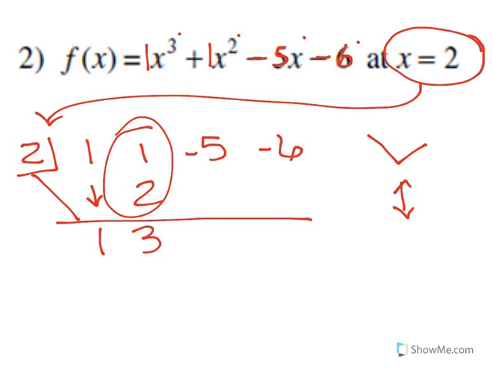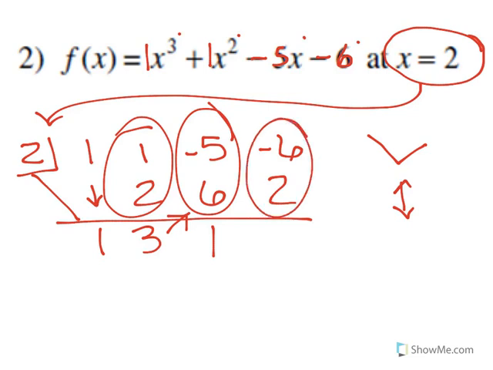Multiply 2 times 3 and get 6. Add your columns together and get 1. Multiply 2 times 1 and get 2. Add your columns together and get -4. Just circle your remainder, and we'll talk about that on Monday.